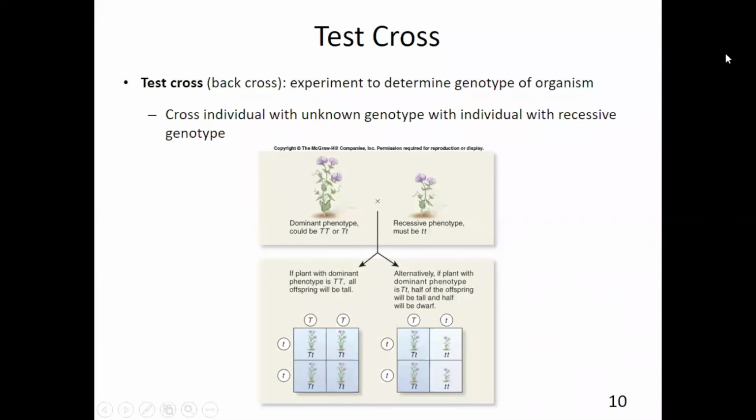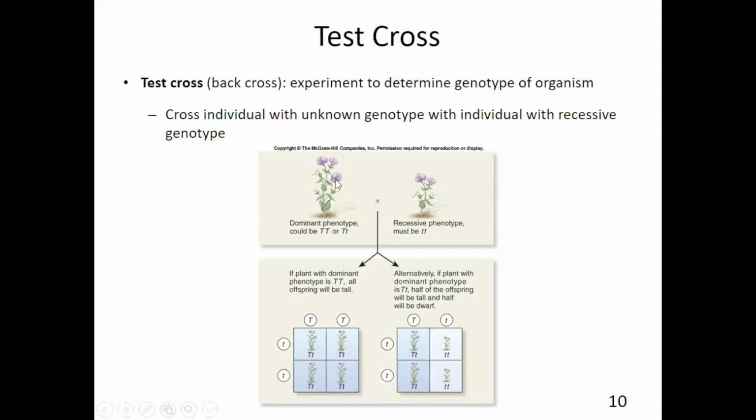A test cross can be used to determine the genotype of an organism. For example, here is pictured a tall pea plant. Being tall is the dominant phenotype, so this plant we know has at least 1 copy of the dominant allele.